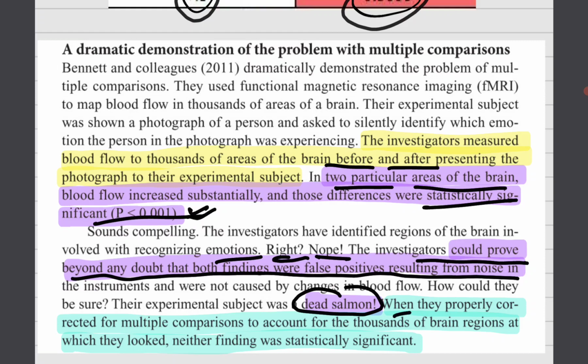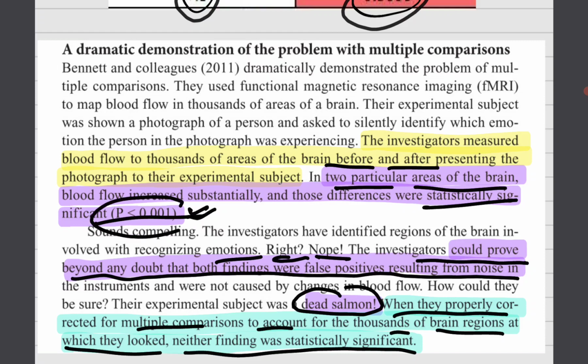So you need to do correction for these multiple comparisons in your manuscript. That's the main issue. When these experimenters corrected for these multiple comparisons to account for the thousands of brain regions which they looked at, neither finding was statistically significant. So the p-value you see, which was significant, less than 0.001, is actually before correction.